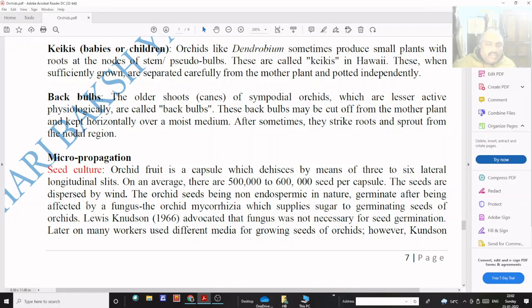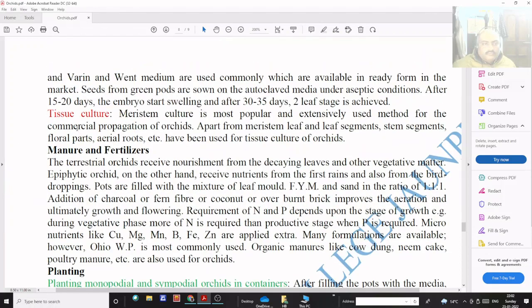But the average seed content of an orchid capsule is 5 lakh to 6 lakh. Apart from seed culture, we can also go for other tissue culture types like meristem culture, floral part culture, tissues from shoots, aerial parts, etc.